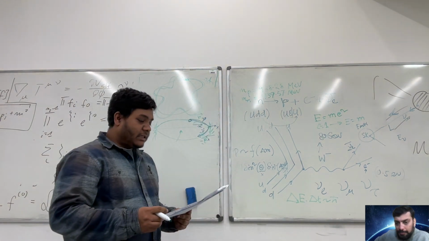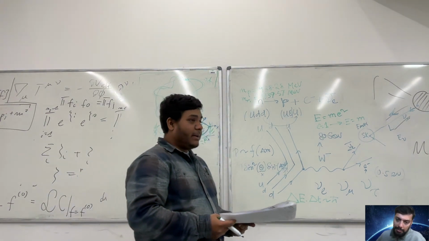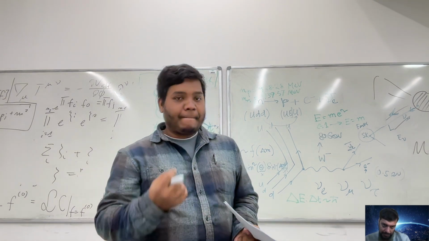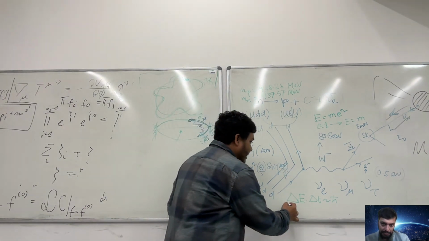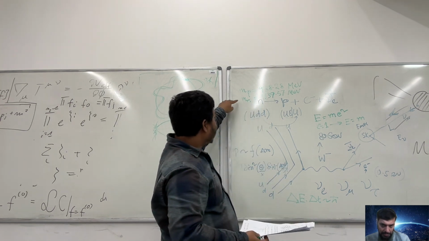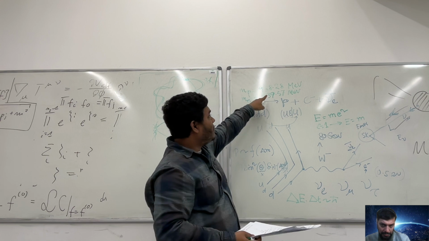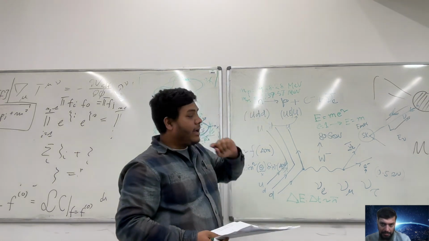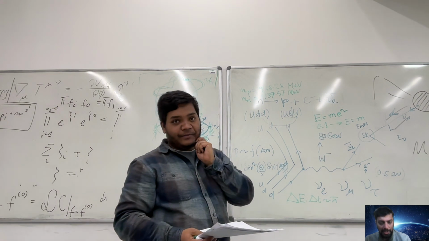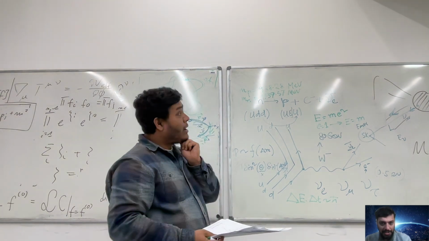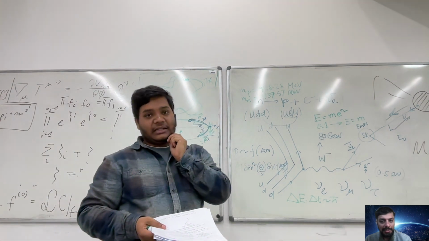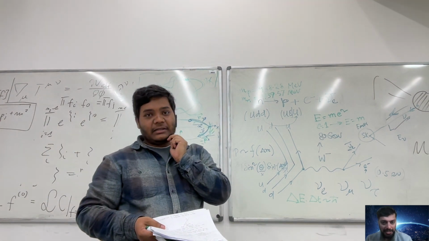So my question is: the mass difference between neutron and proton is of the order of 1 MeV, and the particle created is of the order of 80 GeV. So how can this 1 MeV mass difference create this 80 GeV energetic particle?